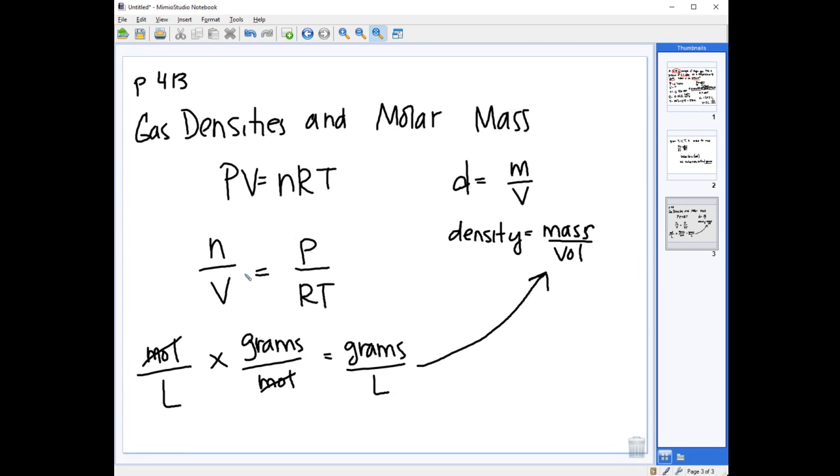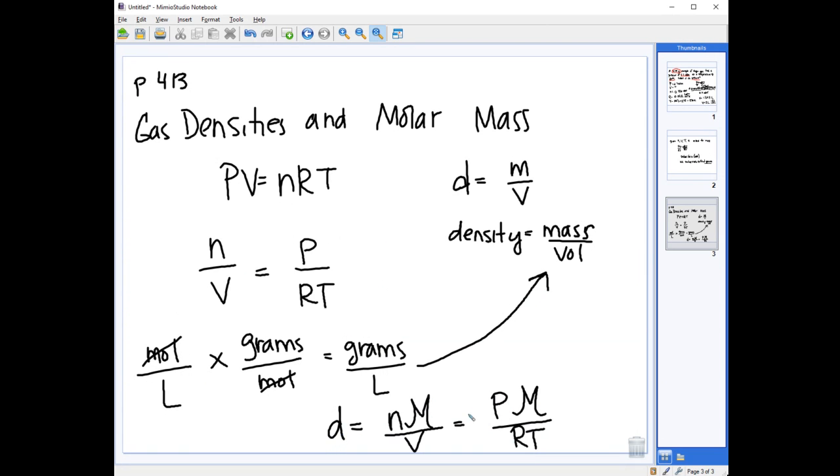But what we do to one side, we have to do to the other. So we can say that density is equal to our N times our molar mass, which is this cursive M, divided by volume, which would then equal our pressure times our molar mass divided by RT.